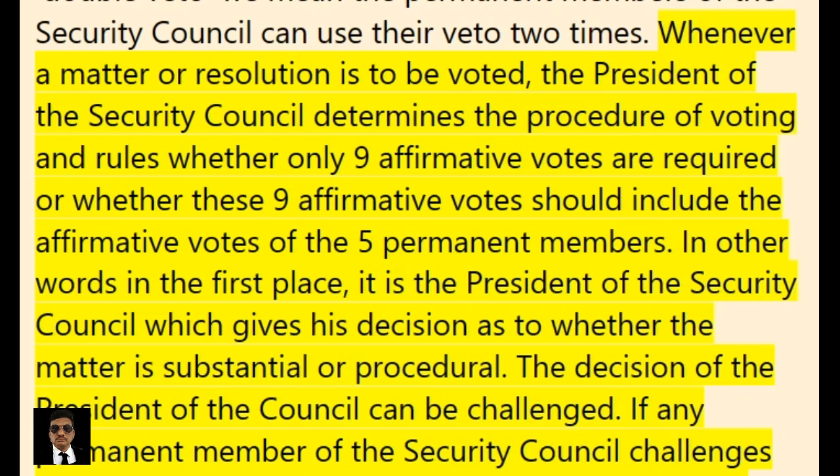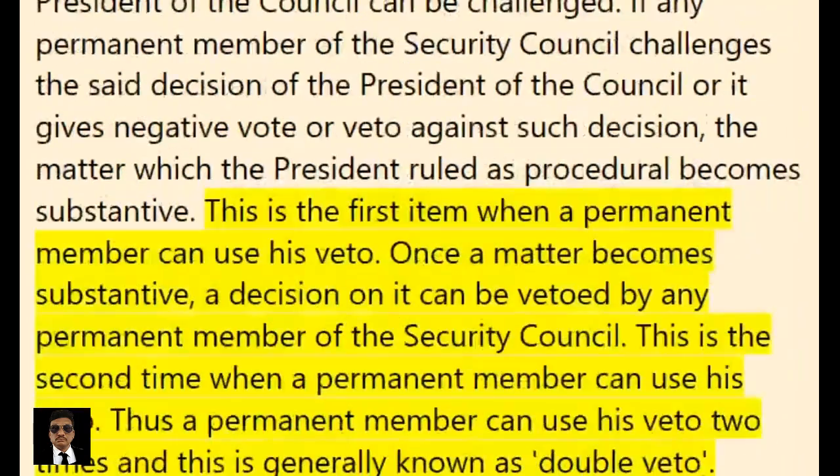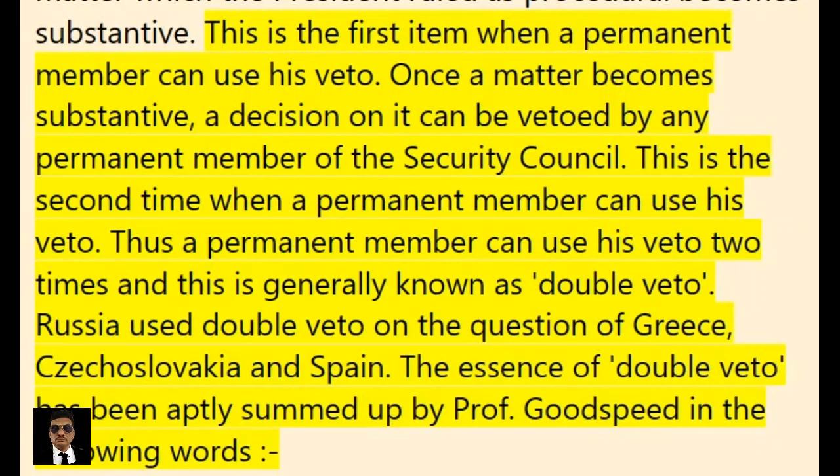The decision of the President of the Council can be challenged. If any permanent member of the Security Council challenges the said decision of the President of the Council or gives a negative vote or veto against such decision, the matter which the President ruled as procedural becomes substantive. This is the first time when a permanent member can use his veto.